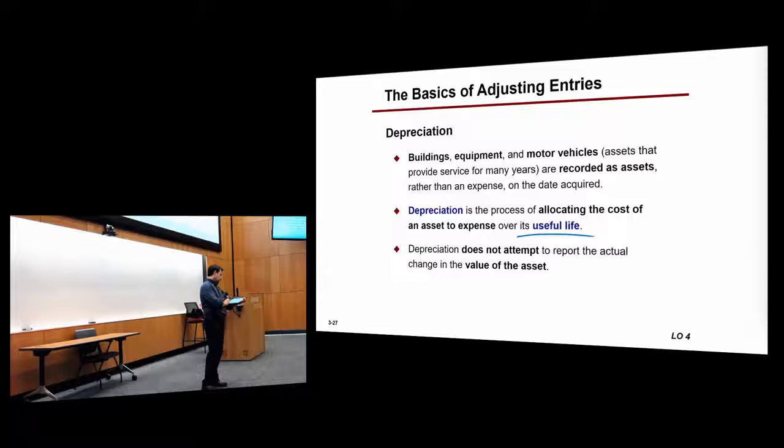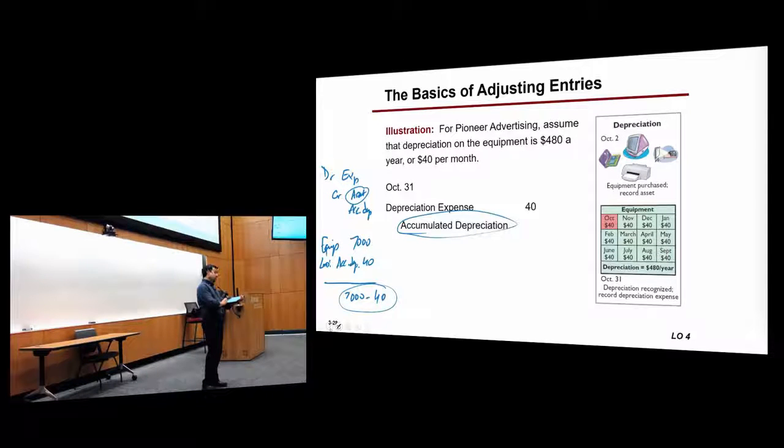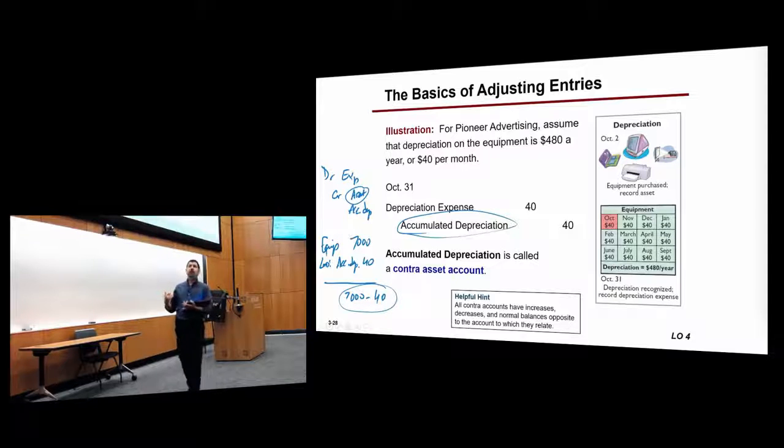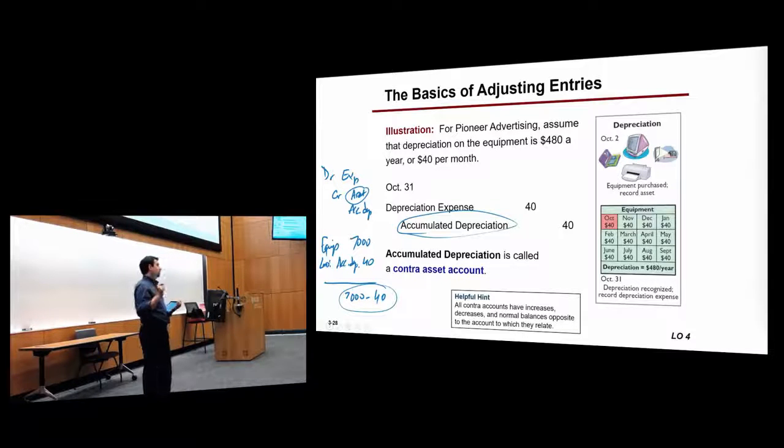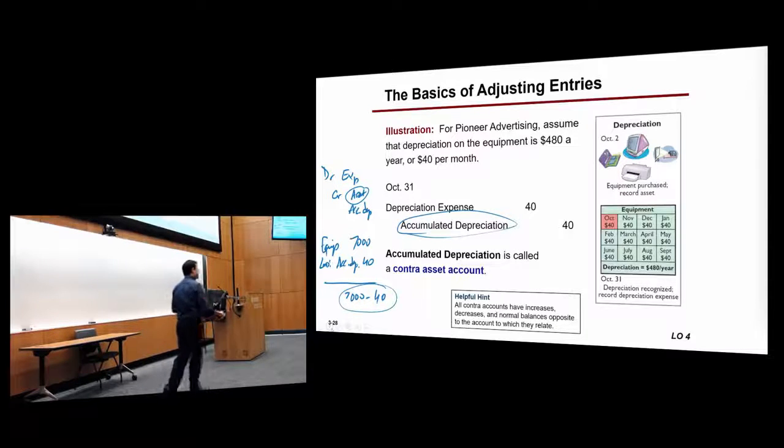Now if you remember, instead of using the asset like we did with supplies, where we debited supplies expense and credited supplies, here we cannot credit the asset directly. Those assets must be recorded at cost, and the historical cost principle requires us to keep reporting that asset at cost, every year, at the same value.